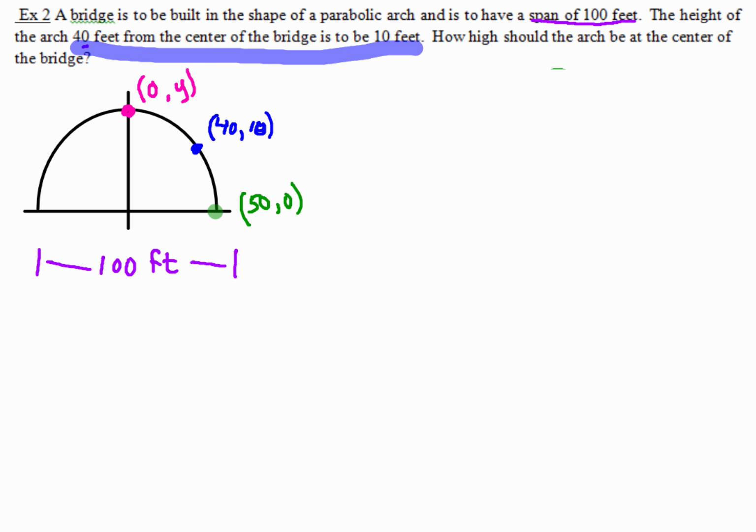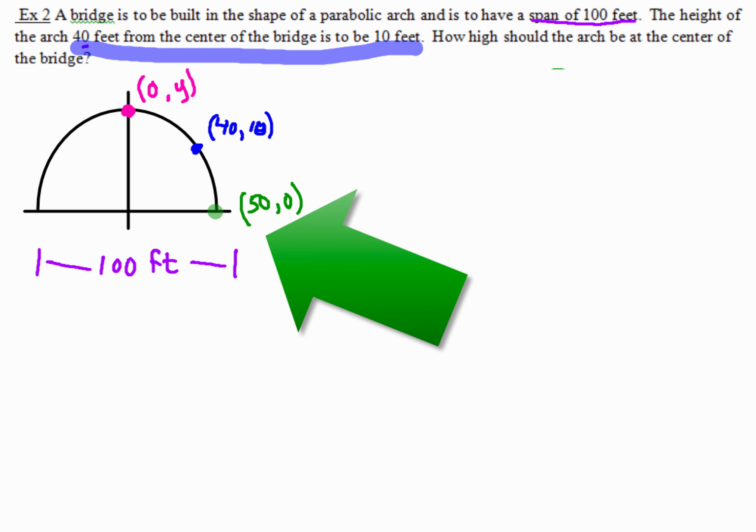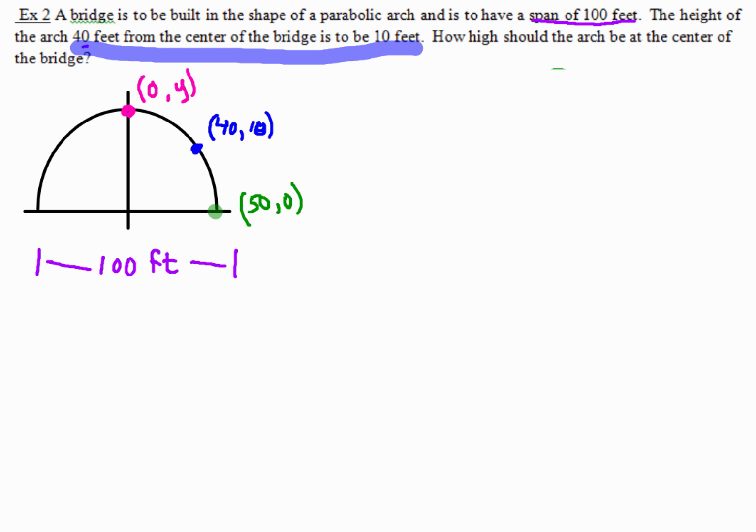If I take a look at where my parabolic arch intersects the ground, well, that's just going to have the coordinates 50, 0. Well, now I can take a look at the 40, 10 part and the 50, 0 part, and I can use that to work with what I know about parabolas to come up with a problem here.